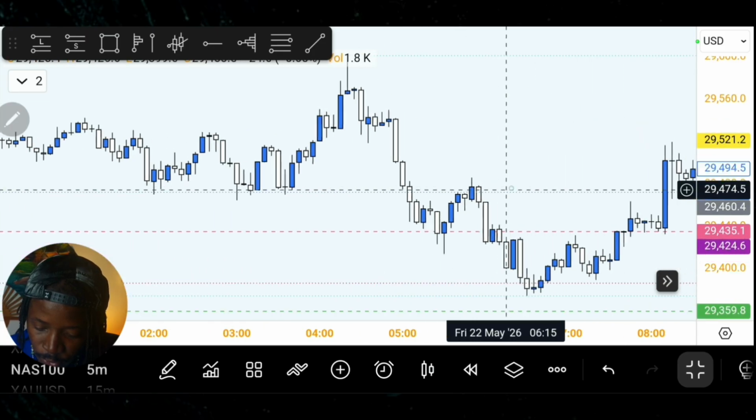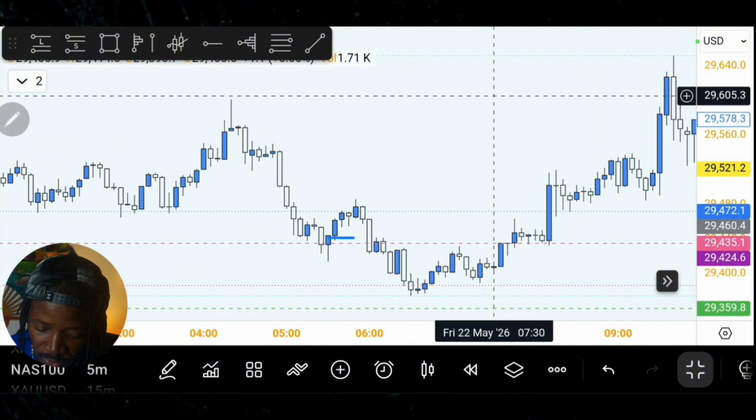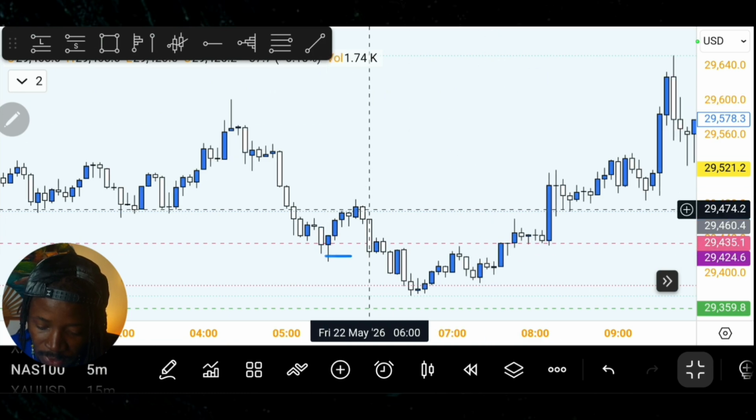And if we go through, you can see we had another reaction, but there was no manipulation here. When you want to see manipulation, you want to see this candle close above this candle, which didn't happen, as you can see. But then what happened? We had that test.